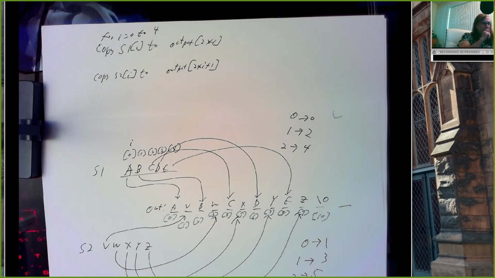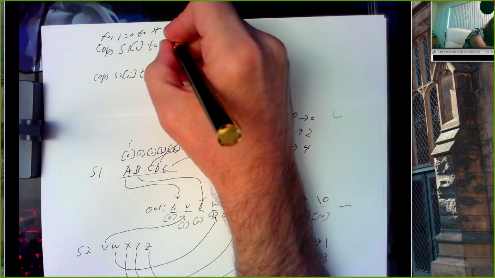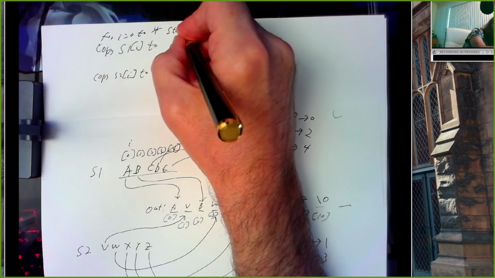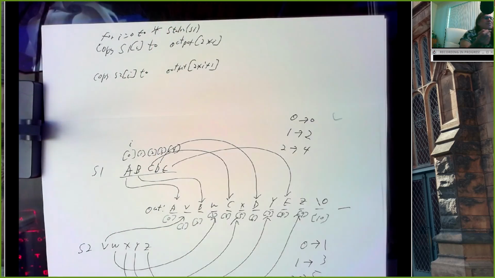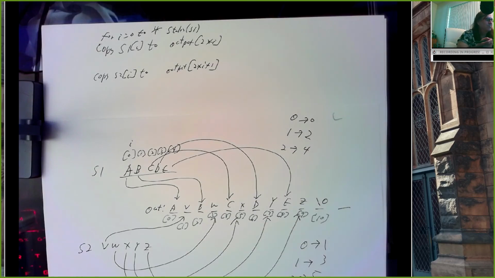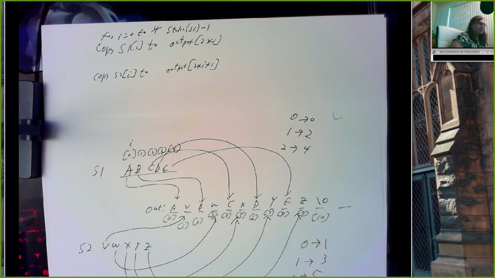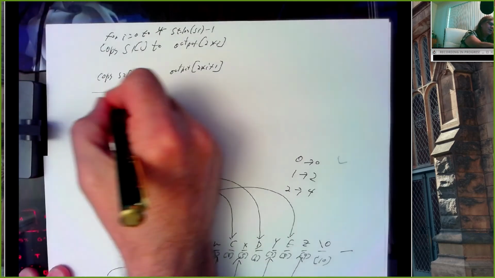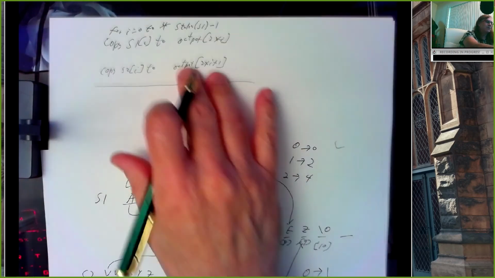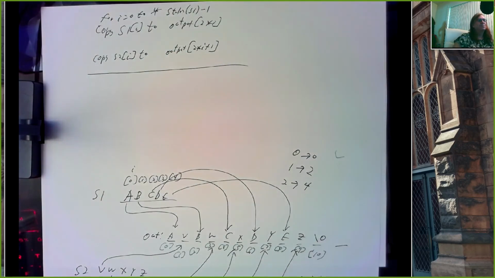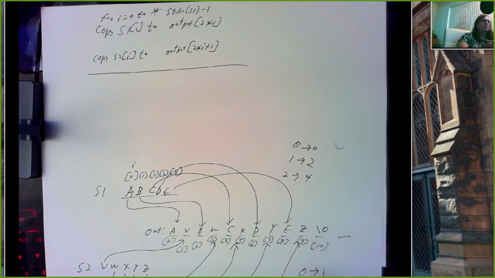String length. So instead of 4, we could do string length. The strings have the same length, so we could do string length of S1 or S2, and we could do minus 1. And then we need to put that null terminator in if we don't go all the way up to 5. So where does the null terminator go?